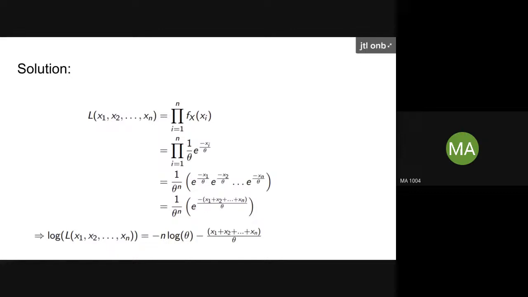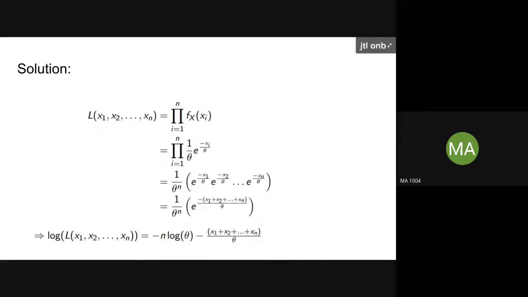People who are interested can differentiate directly, but taking log will help you much more. So if I take log, it is log of e power minus (x1 plus x2 to xn) divided by theta.